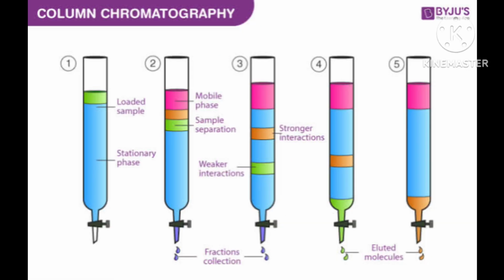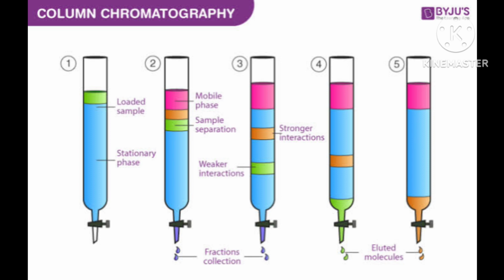Two important things I am telling you: first, adsorption chromatography, and second, partition chromatography. Chromatography is the technique or method to separate a mixture of compounds in a very simple way. Now I am telling about adsorption chromatography.